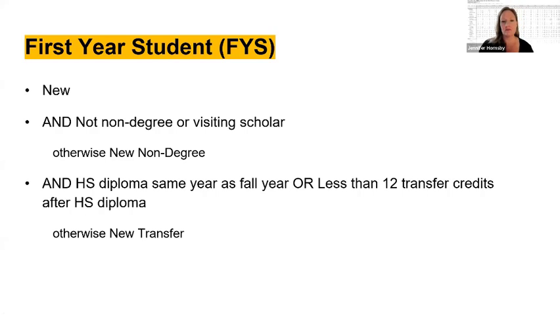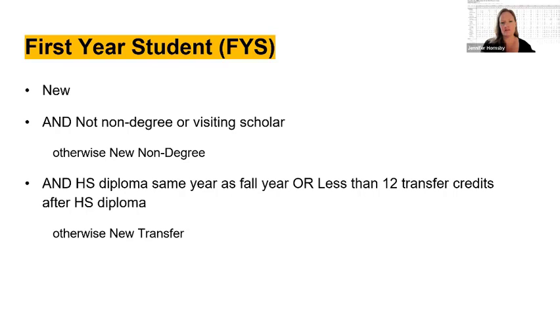First, I'll talk about a first-year student. A first-year student is someone who's new, who's never attended ASU in a degree program before in a fall or spring semester, and they're not non-degree or a visiting scholar. And either their high school diploma is the same year or they earned less than 12 credit hours after their high school diploma.